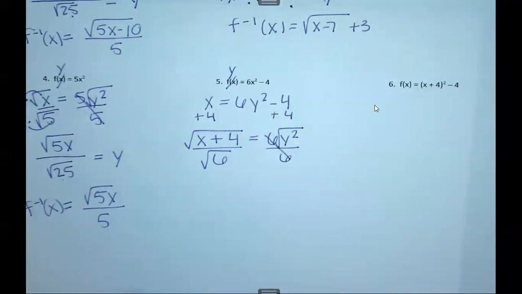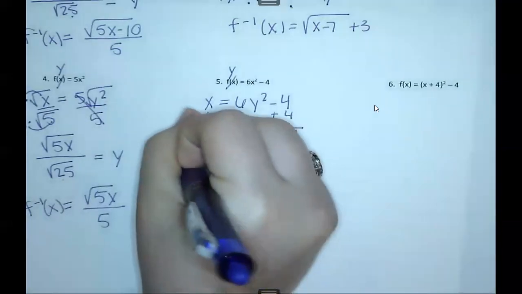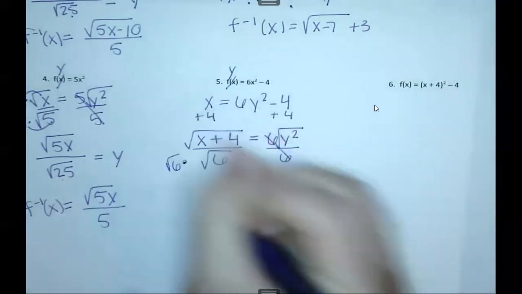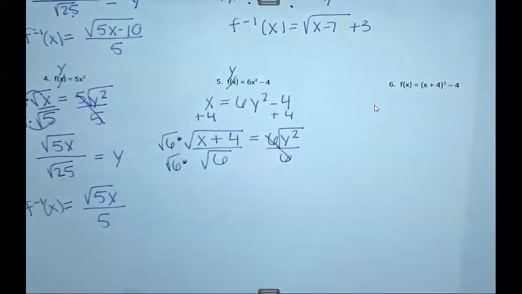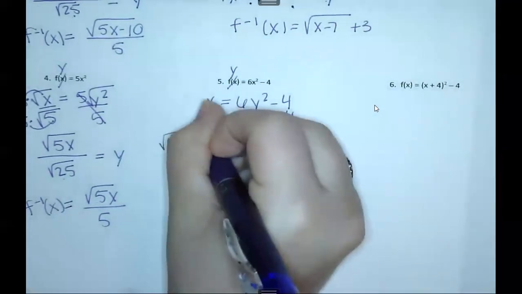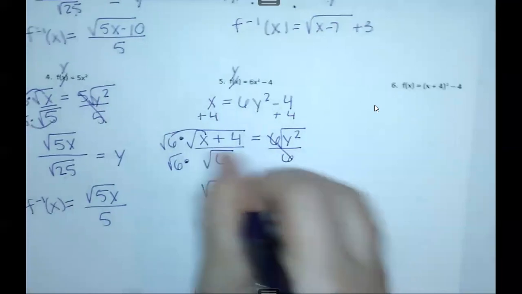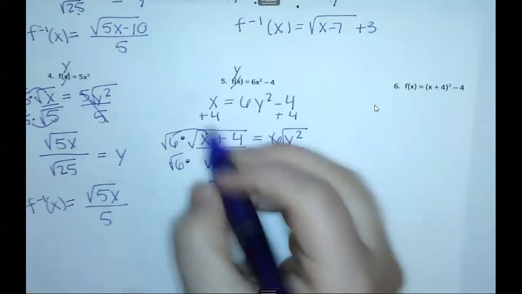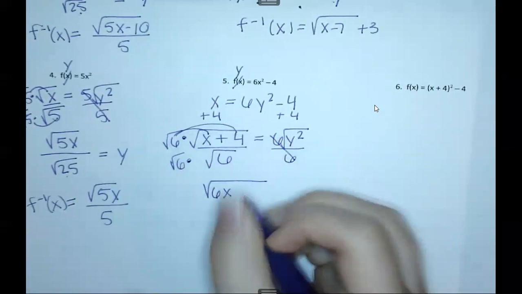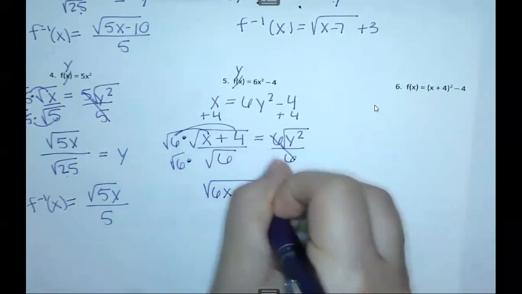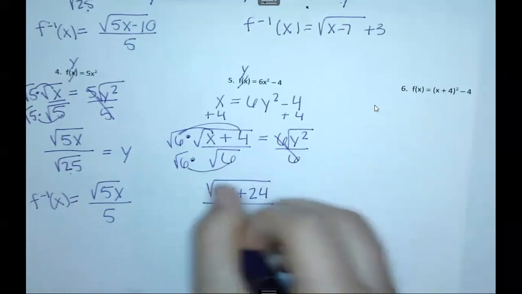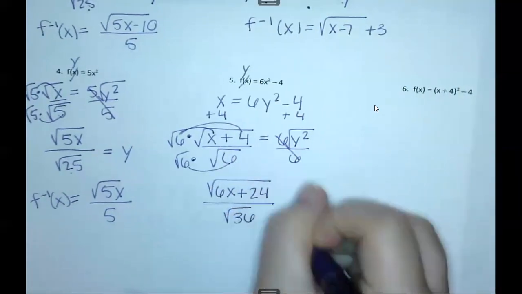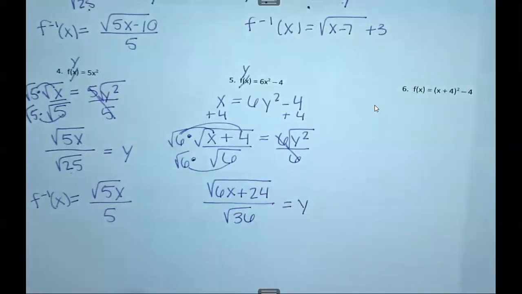We don't like square roots in the bottom, so to get rid of it, we multiply it times itself, but if I do it to the bottom, you gotta do it to the top as well. So we're going to actually multiply what's in the top, so I'll have 6 times x, which is going to give us 6x, and I'll have 6 times 4, so I'll also have plus 24 over 6 times 6, which is square root of 36, all equals y.